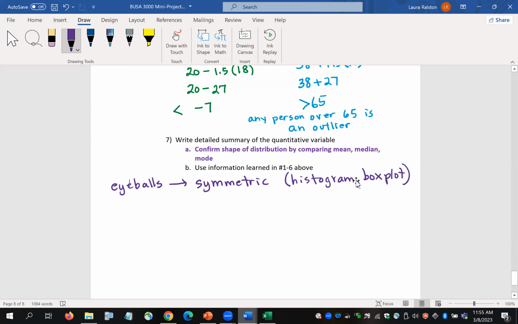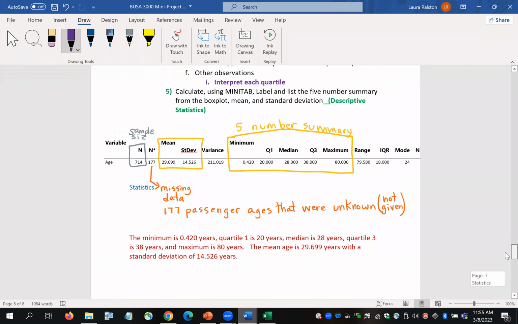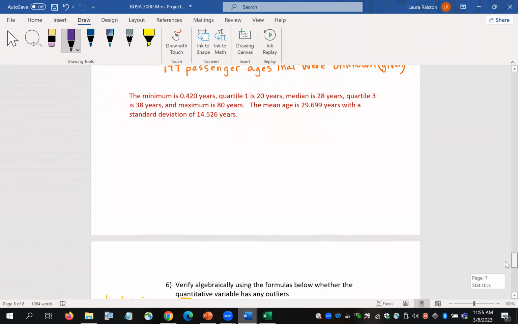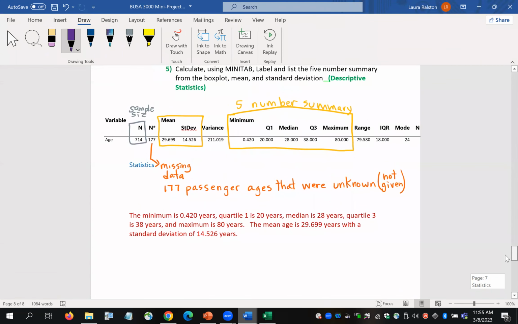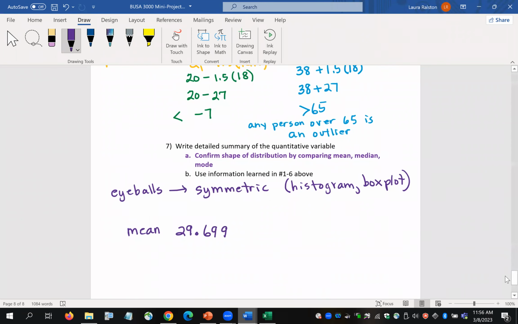I do that by looking at the mean, the median, and the mode. My mean is 29.699, I think. Let me go back up there and look. Make sure I got it right. 29.699. The median is 28.